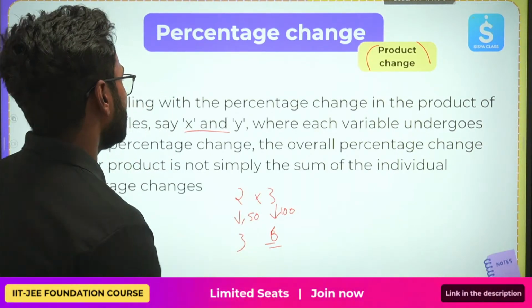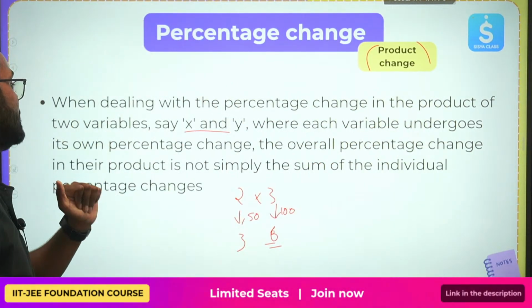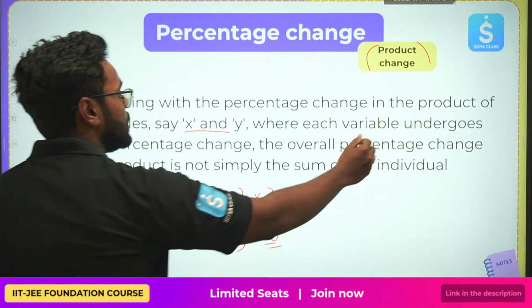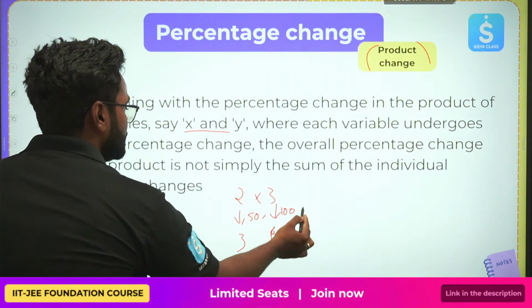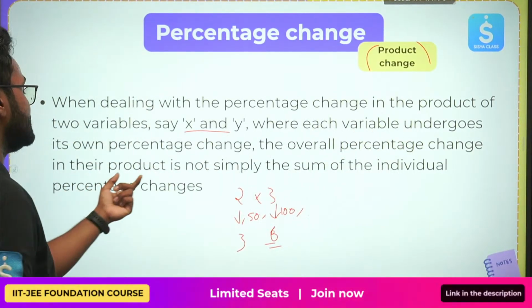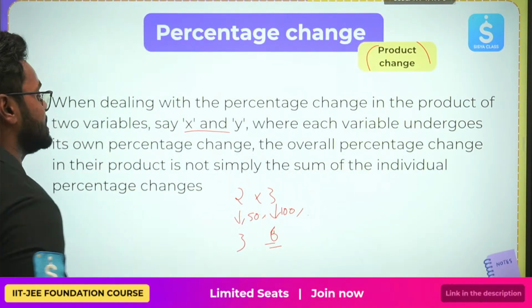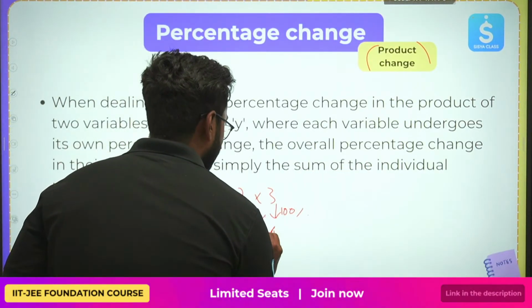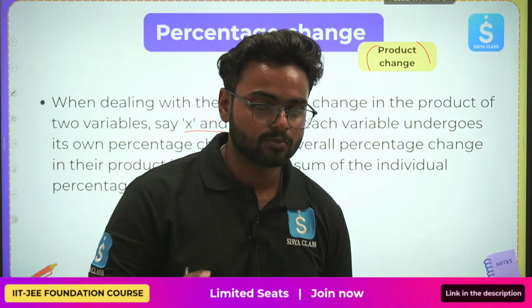See, he is taking the percentage change in the product of two variables, say x and y, where each variable undergoes its own percentage change. It is going up by 50%, it is going up by 100%. The overall percentage change in their product is not simply the sum of the individual percentage changes. So this change, 3 into 6, is not equal to 150%. That is what he is saying.